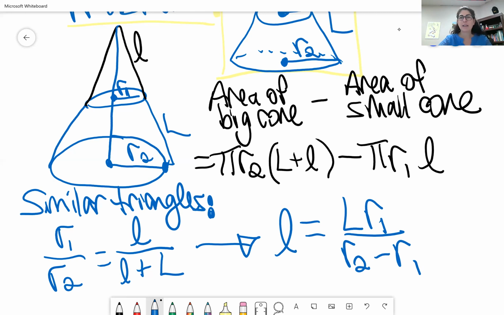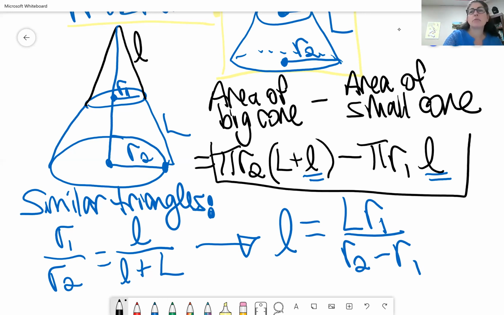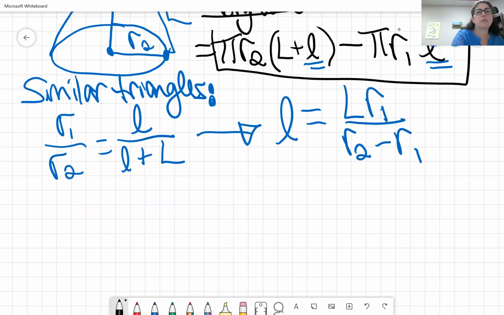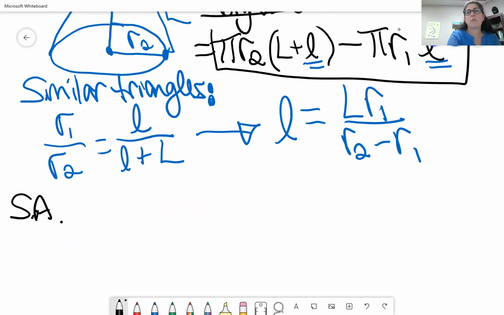I hope we got the same thing, because now I'm going to take that little l and replace this little l and this little l with that expression. Well, first I'm going to clean this up so I have only one little l. So my surface area is equal to, let's pull out the pi.